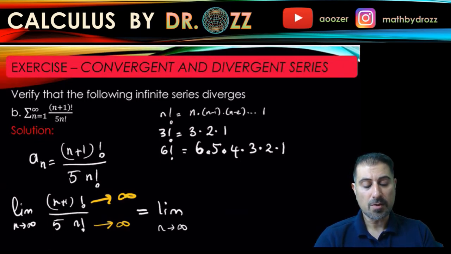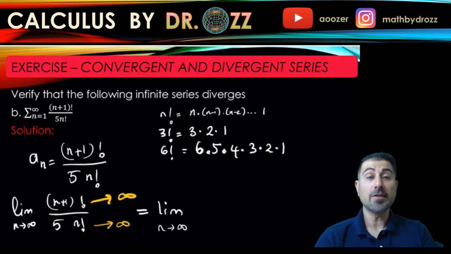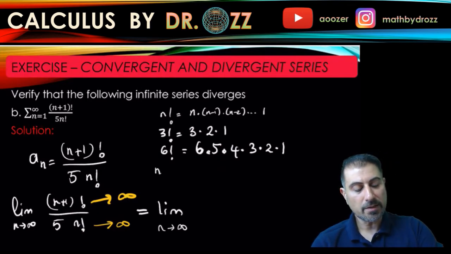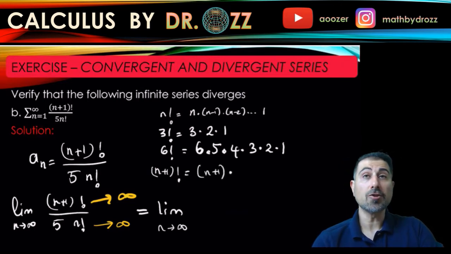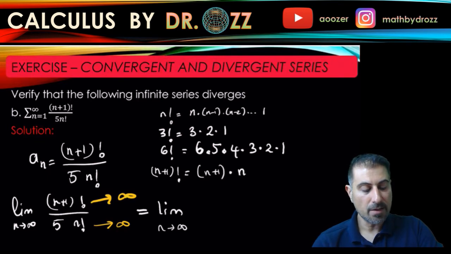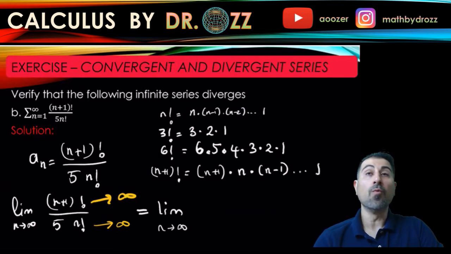So n is the number after n plus 1 in the description of n plus 1 factorial. So in other words, let me just write what n plus 1 factorial is. So I start with n plus 1, and then the next integer that I go with is just n, and then n minus 1, and going all the way to 1.